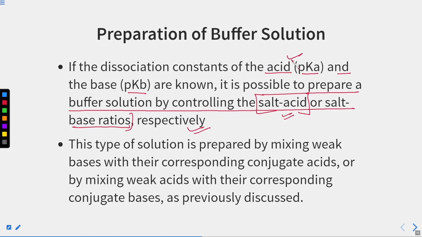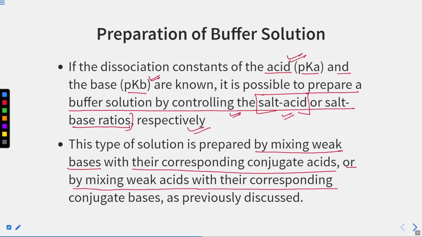So you have to know the pKa, the dissociation constant of the acid, and the pKb, the dissociation constant of the base. Then you can make the salt to acid or salt to base ratios. This type of solution is prepared by mixing a weak base with its corresponding conjugate acid, or by mixing a weak acid with its corresponding conjugate base, as previously discussed.